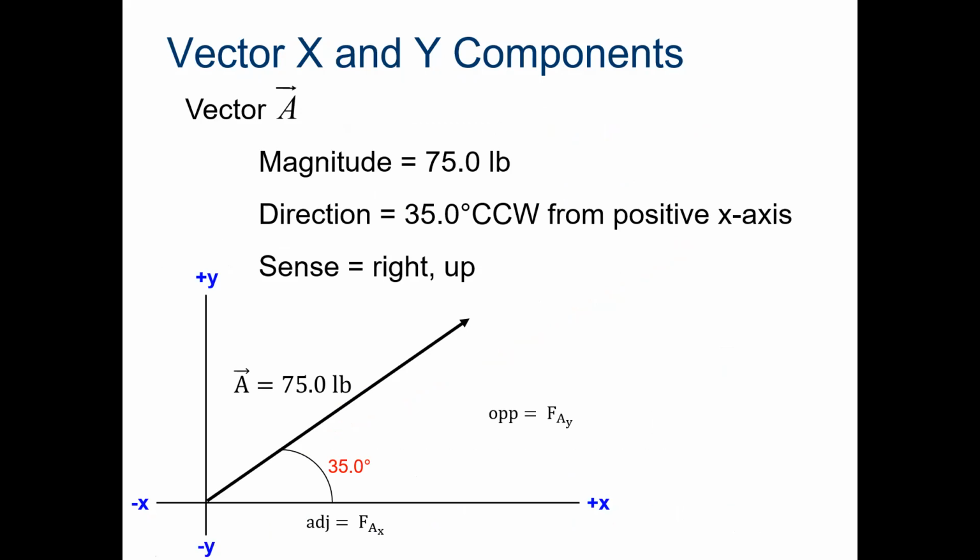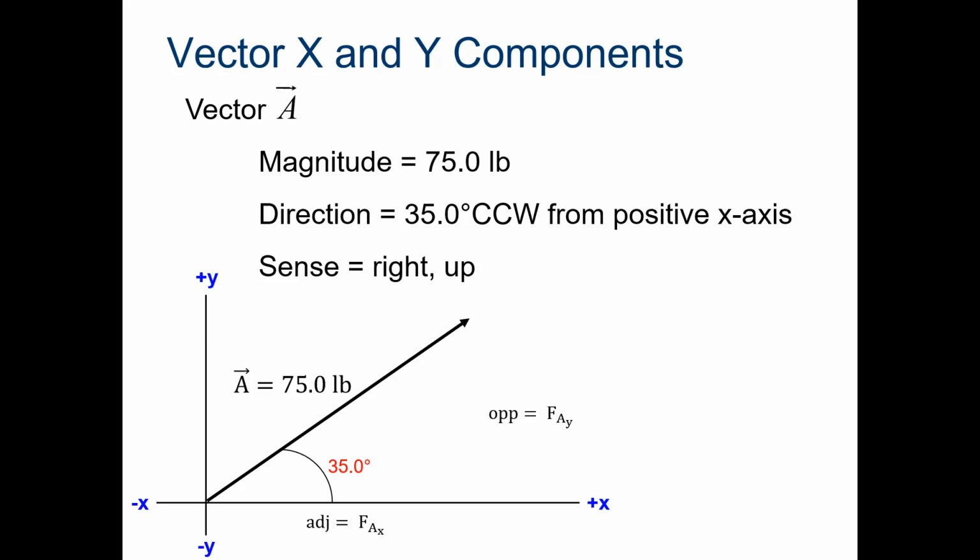Okay, so what you have right here is a vector, and we call this vector A, and the magnitude of vector A is 75 pounds. The first thing you want to do when finding the net force of a vector is determine the magnitude, the direction, and the sense of your vector force, okay?